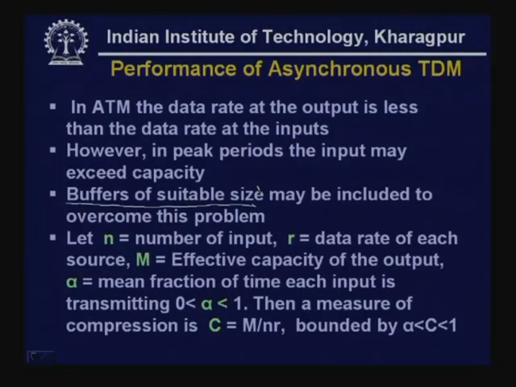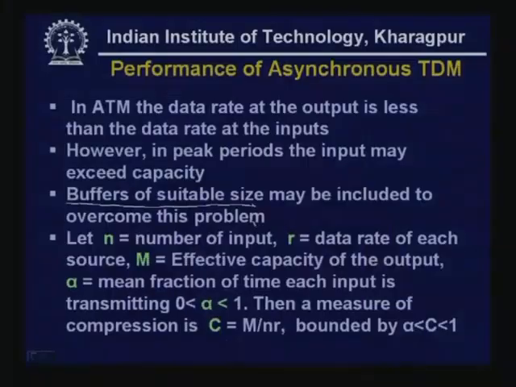So, there is a trade off. Nowadays, the cost of memory devices has come down, and as a consequence you can afford to have more memory. On the other hand, the channel capacity is quite costly. So, this is usually overcome by having more and more memory.